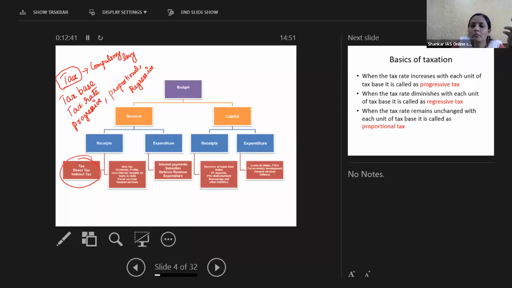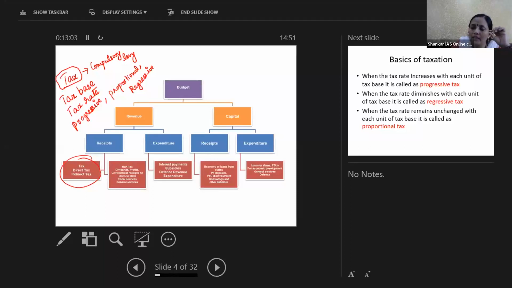The company can be earning profits of 3 crores, 30 crores, 300 crores, 3,000 crores, whatever the amount you are earning as profit, the government is going to tell them to pay 30% of that profit as taxation.